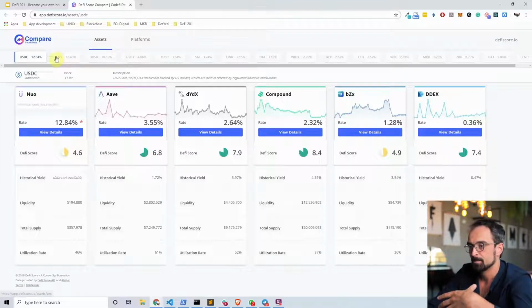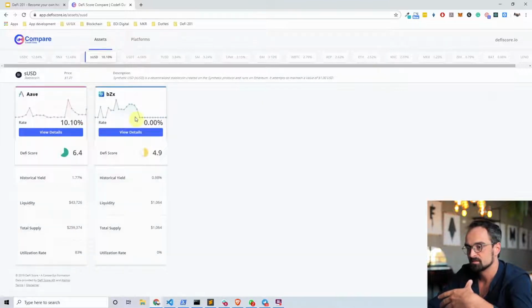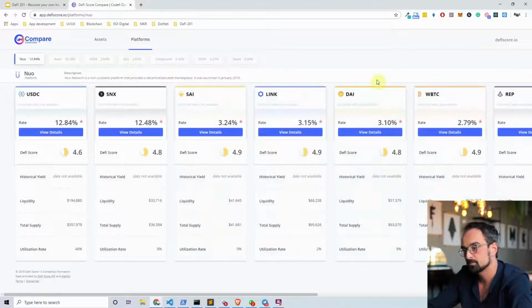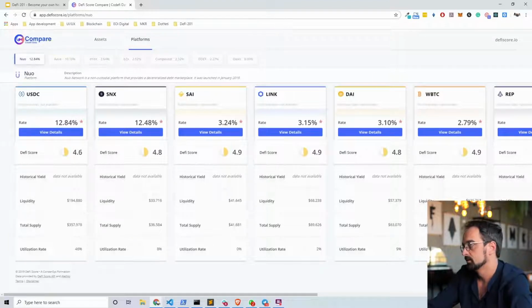So you see where you can get the highest yield, and see where this yield is actually not too risky. So you can explore this for yourself. You can check out the different platforms where you can invest, the different assets that you can invest, and you can see the different yield and return rates right here.